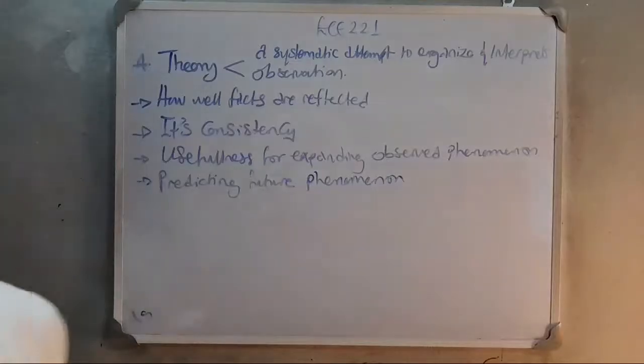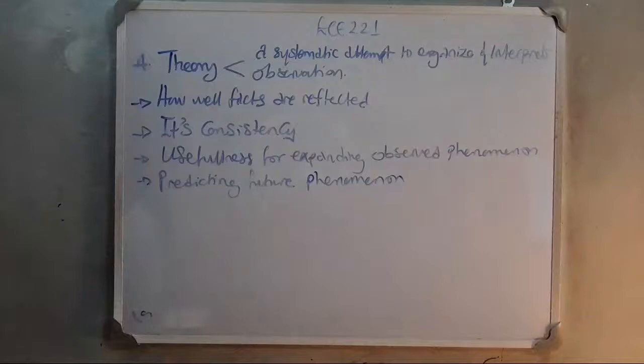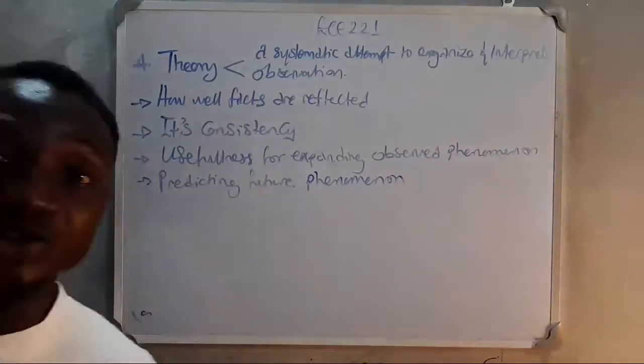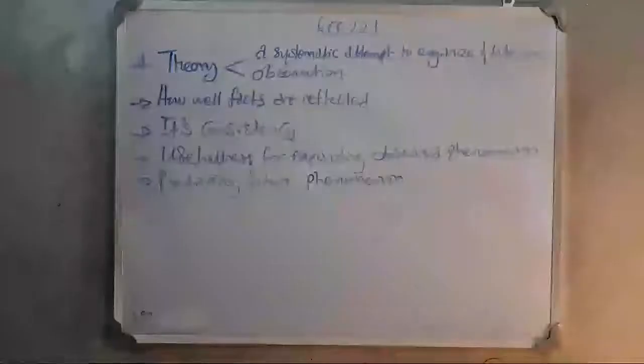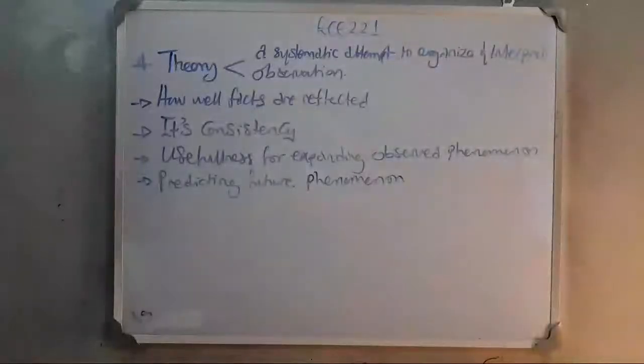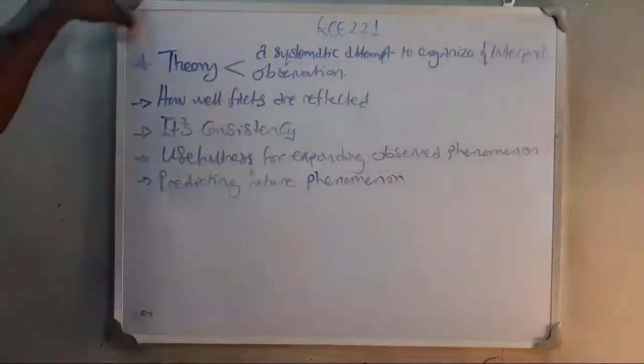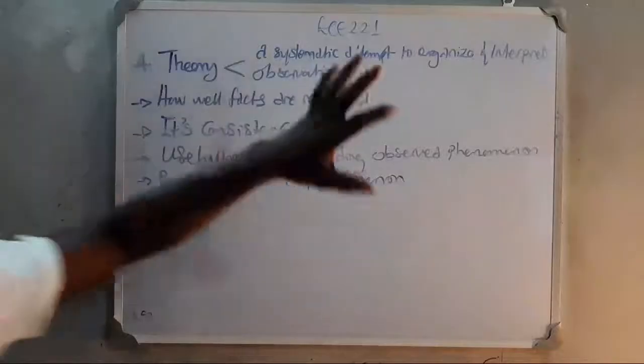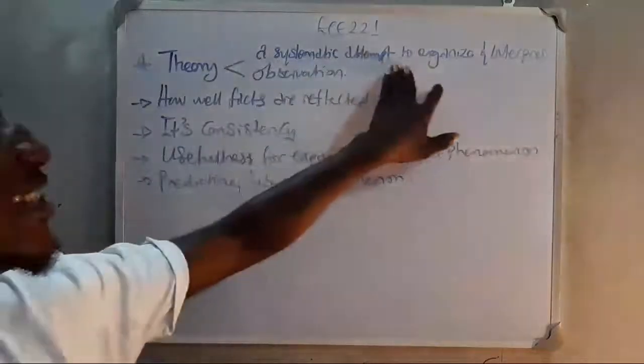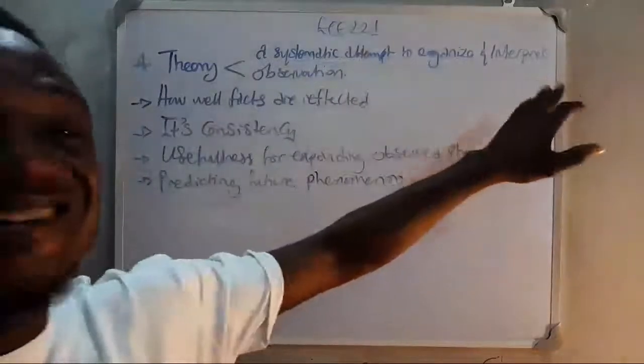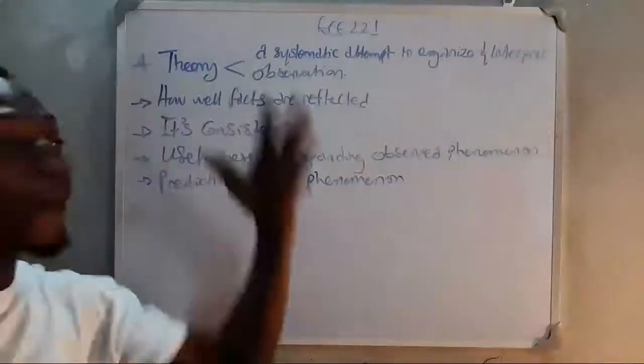So that's it on theory. Let's speak of different theories now, but I believe you have it on this. A theory is a systematic attempt to organize and interpret observations.